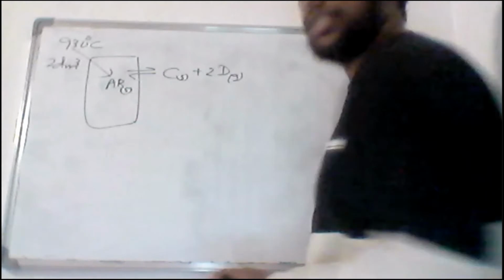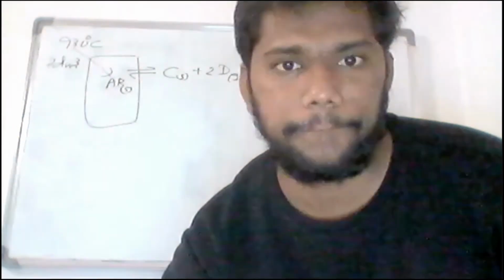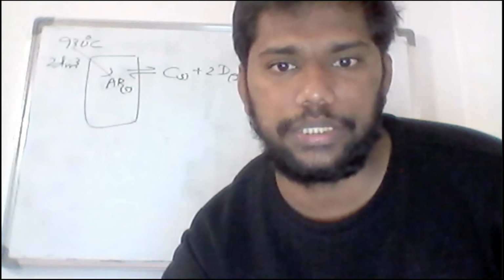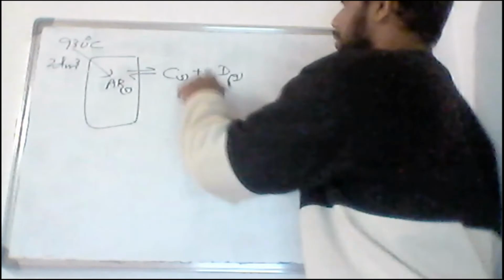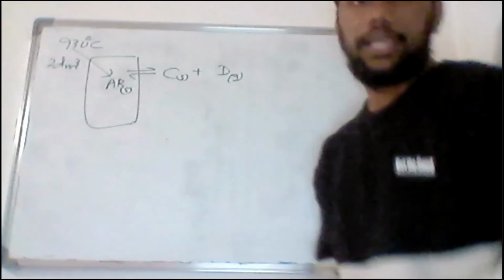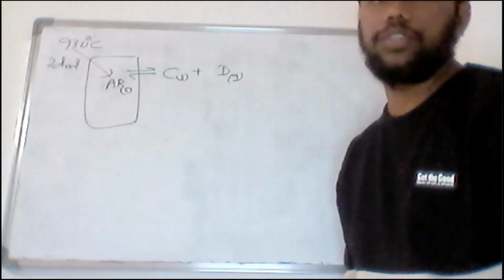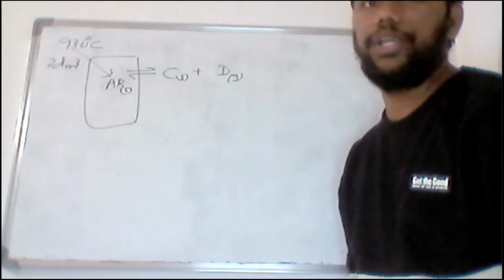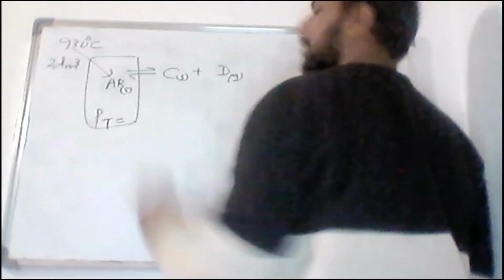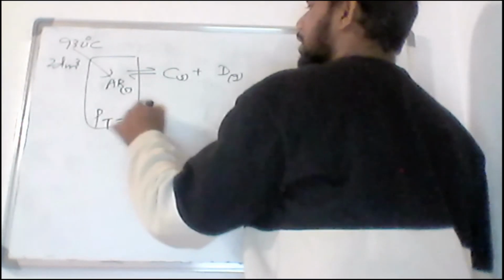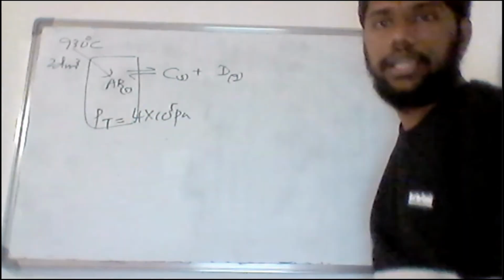I think it was 2D gas. No, just D gas here. Okay. And they have given the information that the pressure of the container was found to be 4 into 10 to the power 5, which means the total pressure is 4 into 10 to the power 5 Pascal.